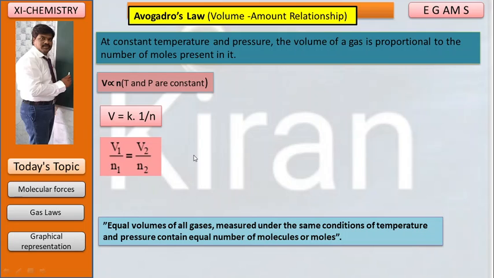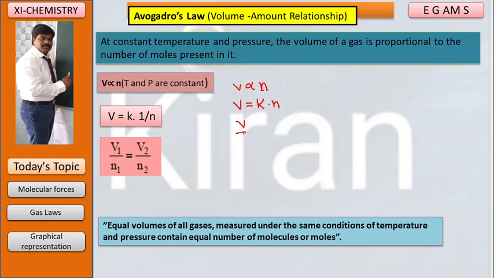In the case of two gases, we can write it in this pattern. V is directly proportional to the number of moles, which we represent with small n. When you remove the proportional symbol, you get V is equal to K into n.